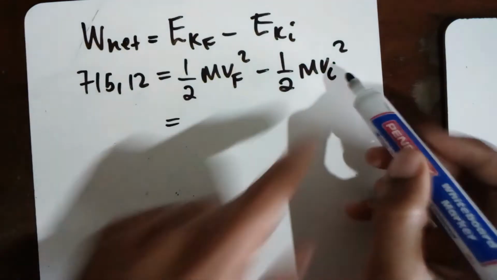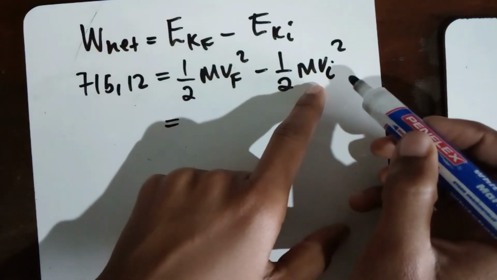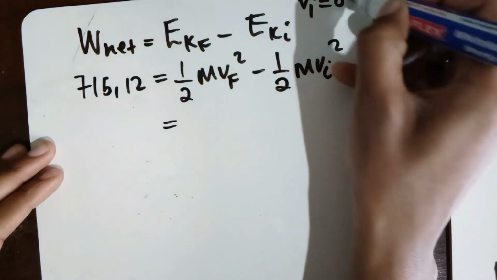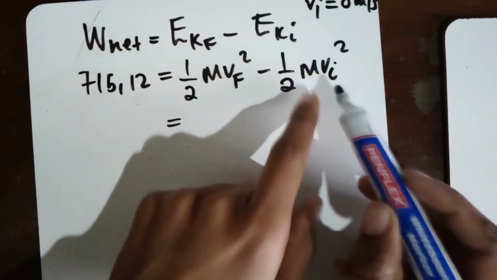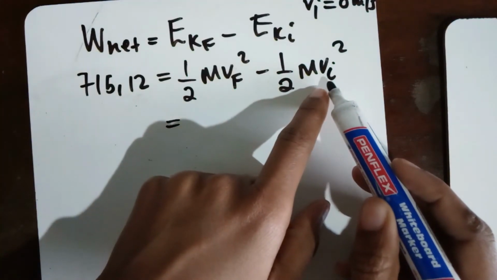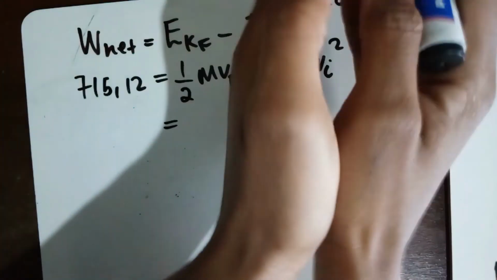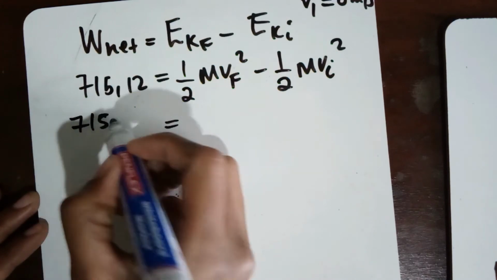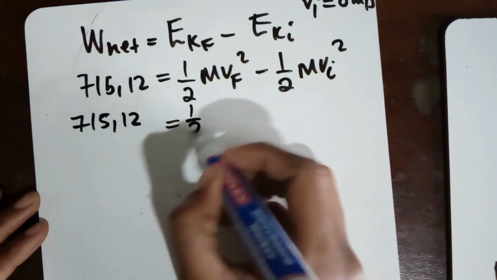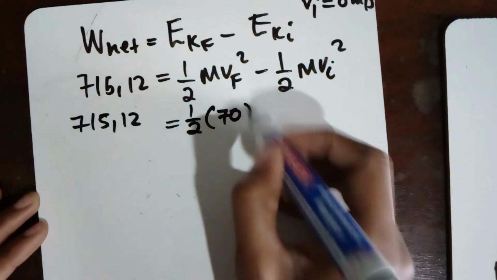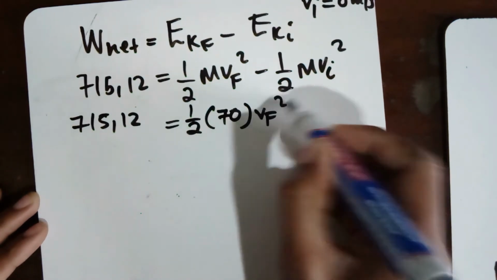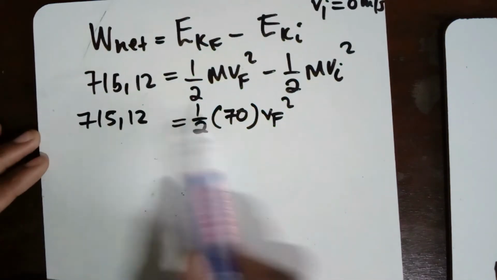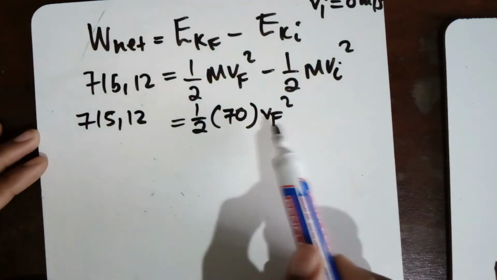They told us that the block was at rest. So our initial velocity was actually 0 meters per second. So if I put 0 meters per second here, it's going to give me 0. So this whole thing will just be equal to 0. And then we'll be left with 715.12, which is equal to a half, the mass of that object is 70, v final squared. Now it's just a matter of dividing this side by a half of 70 and then putting it in a square root.